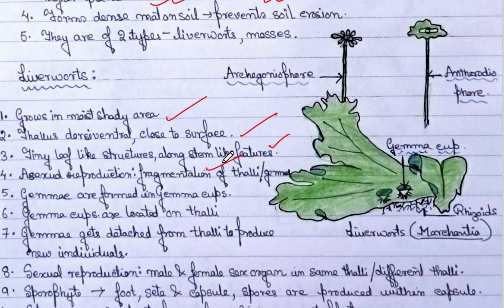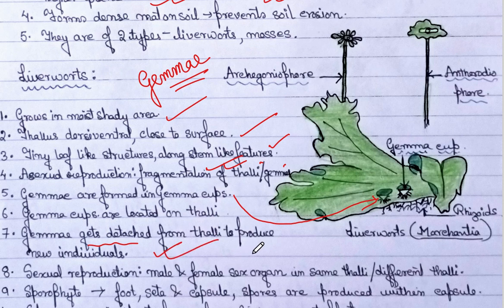Asexual reproduction is by fragmentation of thalli or by gemmae. Gemmae are produced in gemma cups. These are the gemma cups. Now these gemma cups are located on thalli and they get detached from thalli to produce new individuals.